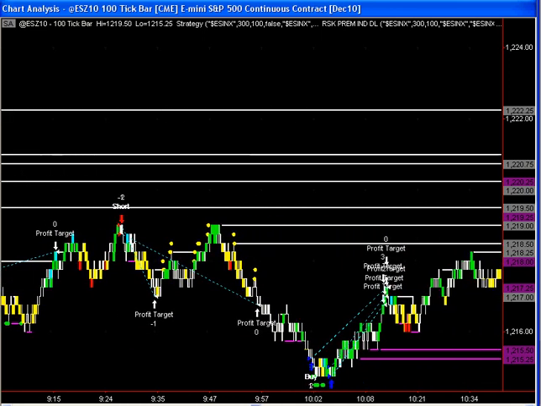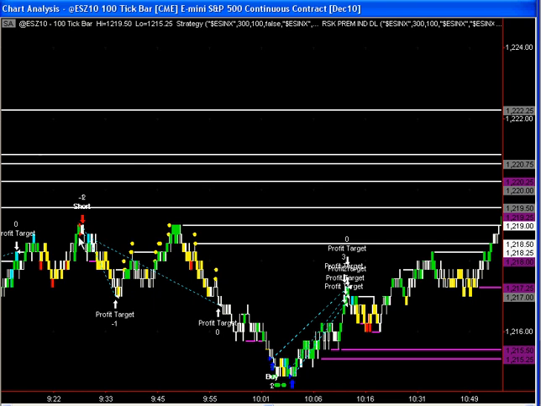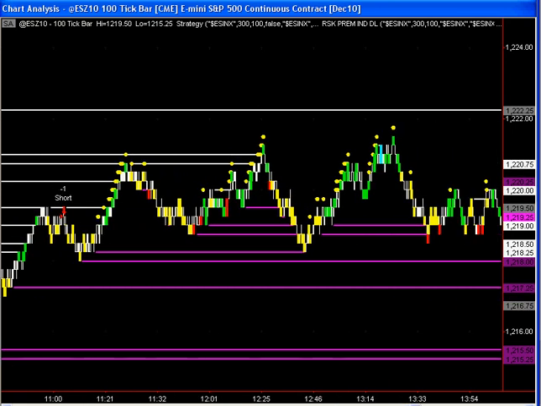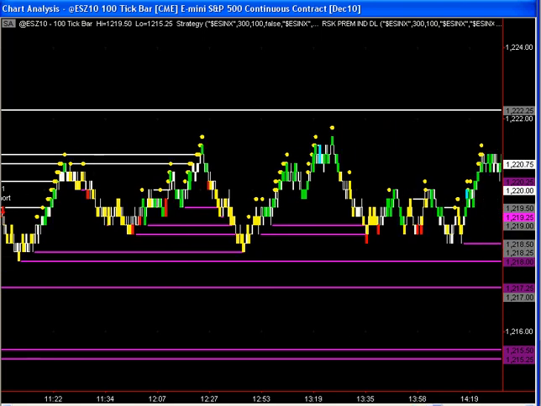We had another short trade here at 9:27, long trades shortly after 10 o'clock, and then we had one last short trade which just barely moved down to one of our retracement levels, and that was the total number of trades taken by that particular strategy setting.